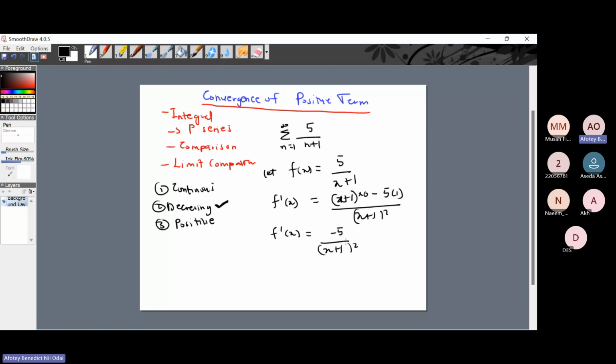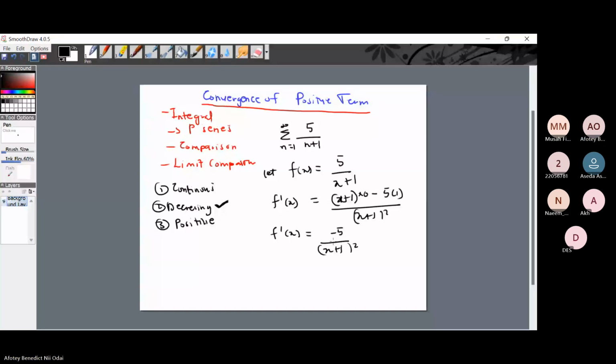Now, by observation, we can see that no matter the value of x that you put in this function, you always end up getting a negative value. Because the differential is negative, we can say that since we have a negative differential, f prime of x, the function is decreasing.